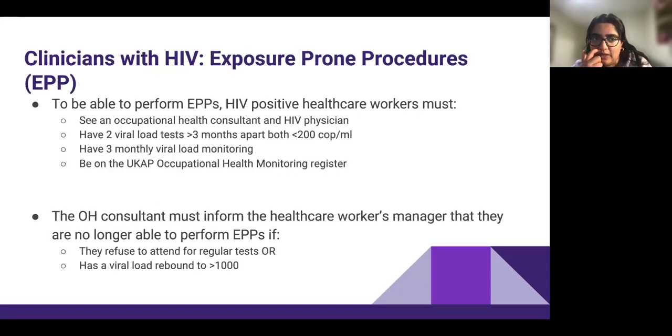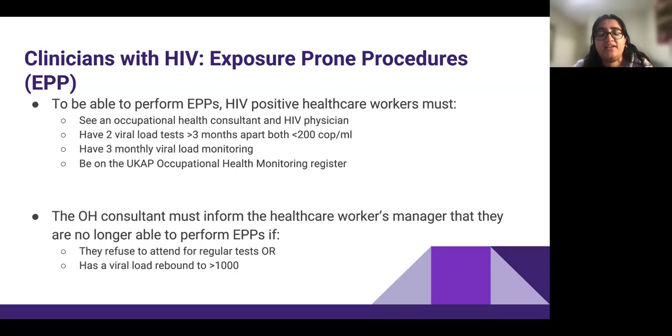And really quickly, the last thing, clinicians with HIV, sometimes you do get questions on it. So you should be able to perform exposure-prone procedures. HIV positive healthcare workers must see an occupational health consultant and an HIV consultant, have 2 viral load tests greater than 3 months apart, both less than 200, have 3 monthly viral load monitoring, and they need to be on the occupational health monitoring register.